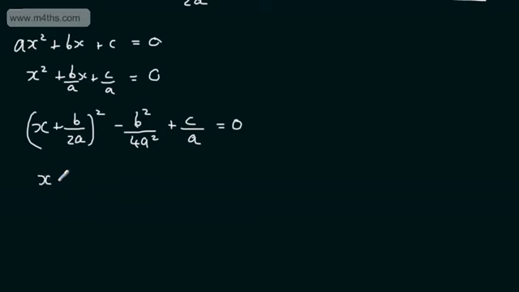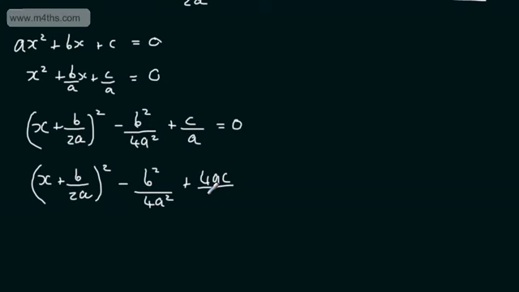So what I'm going to have is x plus b over 2a all squared, and then we're going to have minus b squared over 4a squared, and now I'm going to add to this. So what I want to do is now multiply this by the lowest common multiple. The lowest common multiple is going to be the 4a squared, so I need to multiply this by 4a.